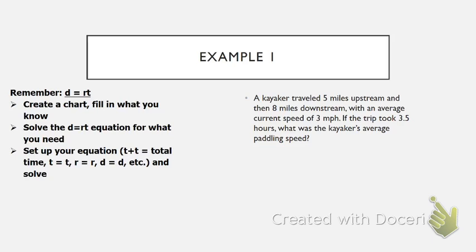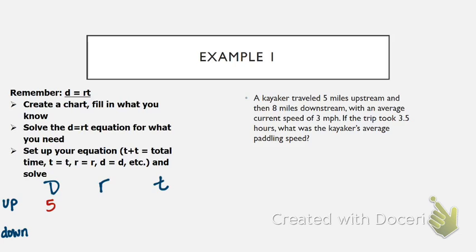So, there's upstream and downstream, and then we have distance information, rate information, and time information. It says a kayaker traveled 5 miles upstream, so upstream, we traveled 5 miles.